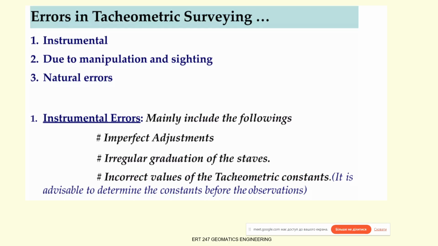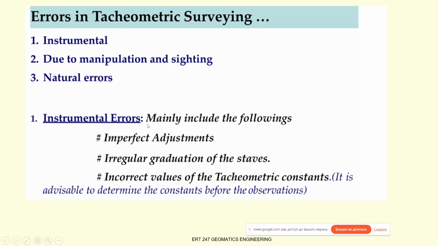The natural errors are most dangerous. These natural errors are caused by different atmospheric effects and the natural environment around the surveying area.